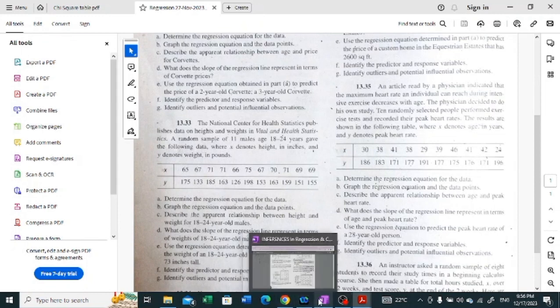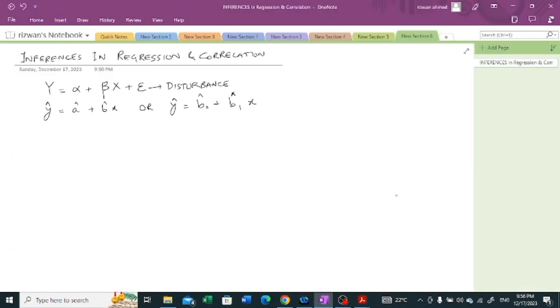So I'm going to write down two formulas that you can use. First one for B hat or B1 hat, that's for the slope. The formula to compute the slope or gradient of a regression model is this one.